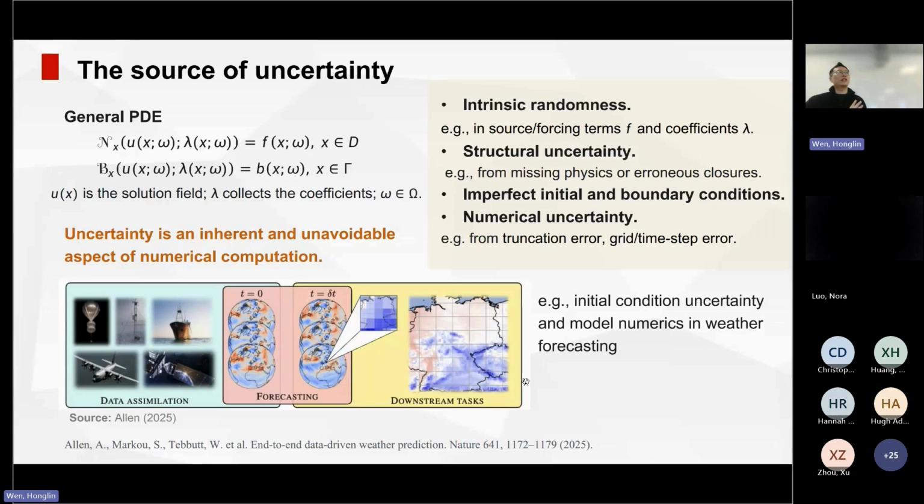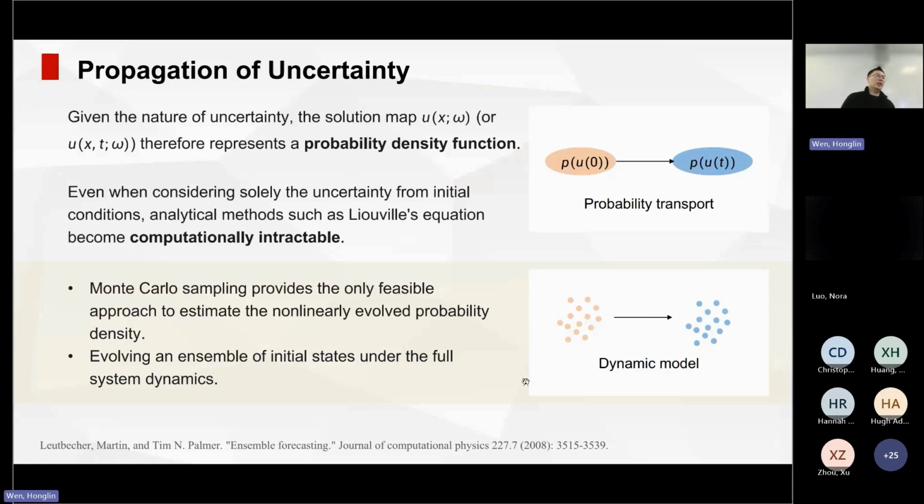So for almost every problem in practice, you cannot avoid the uncertainty. Even for the simplest problems, where we only have uncertainty in the initial condition, propagating the uncertainty to our solution is still very, very hard. Theoretically we can do it, since it's just a transport of the probability mass, but even in this very simple case it's computationally intractable.